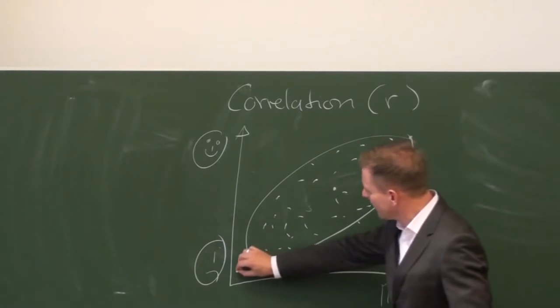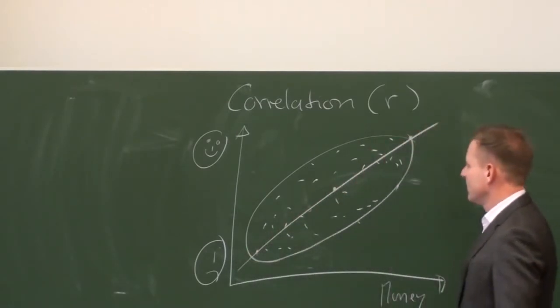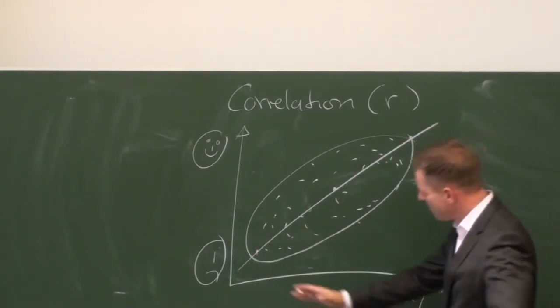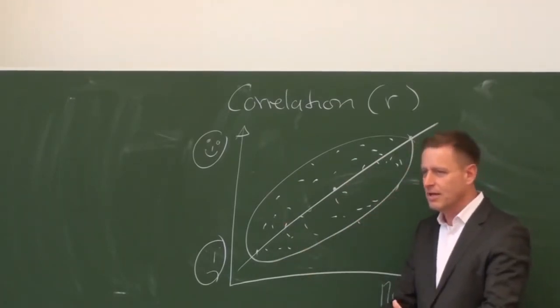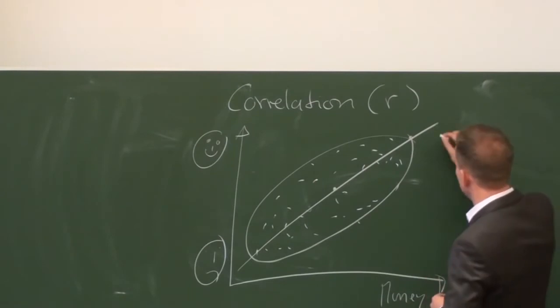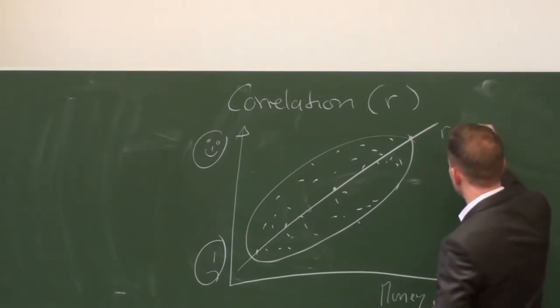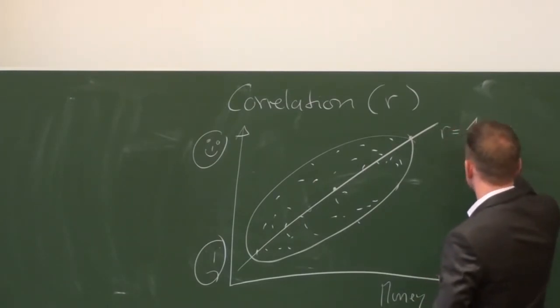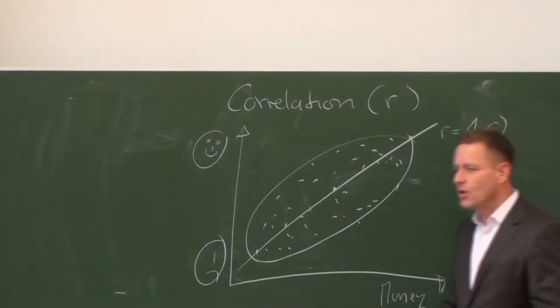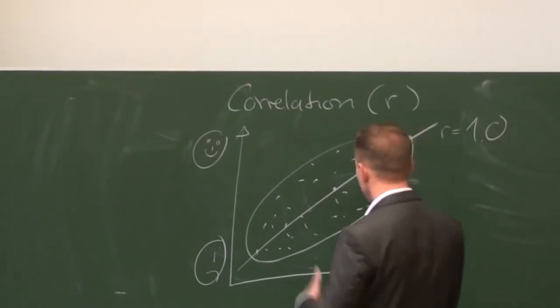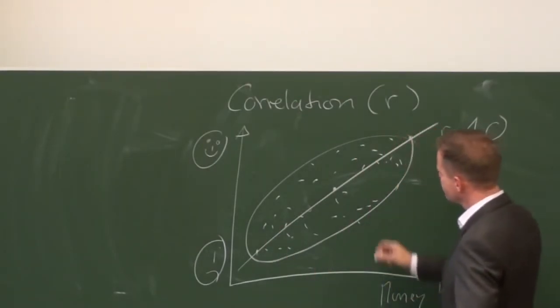Yes, it would be a line. You could really say, the more money you have, the happier you are, full stop. If this would be the case, the correlation would be what? 1. Right. If there would be no relation at all, how would this cloud look like?